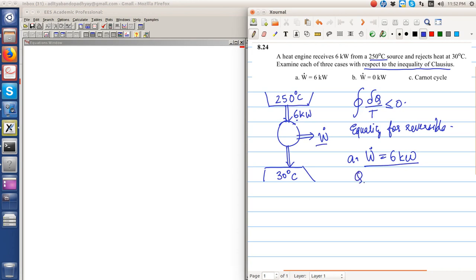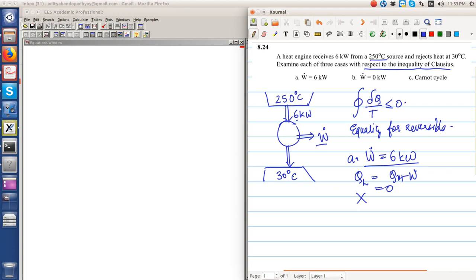So QL, which is equal to QH minus W, will be 0. So this is not possible. As per the second law, this is not possible, but we have been asked to investigate the three cases with respect to the Clausius inequality.